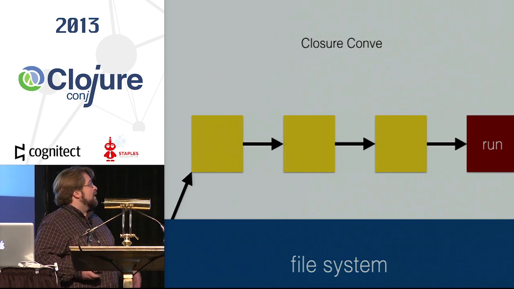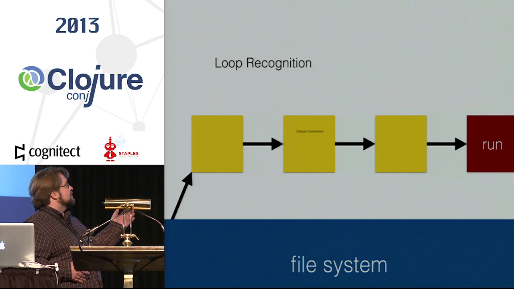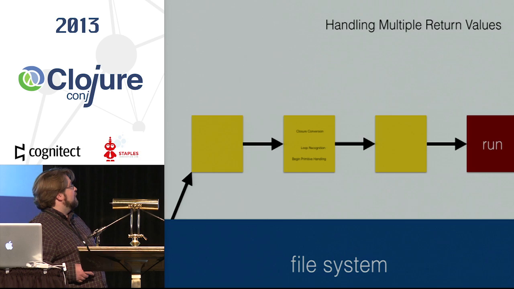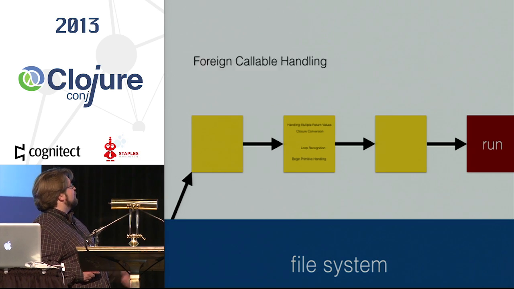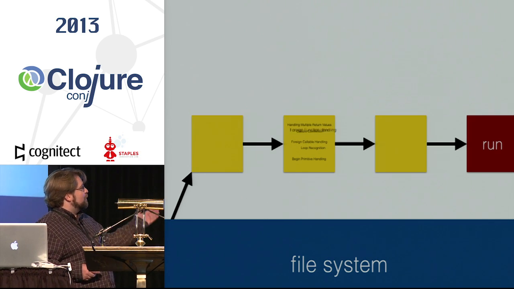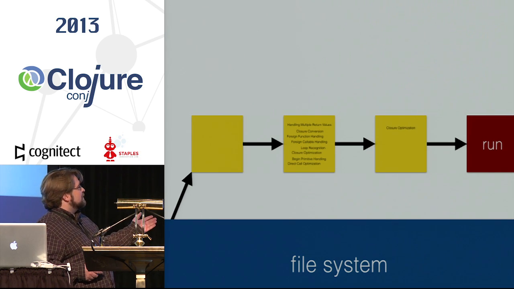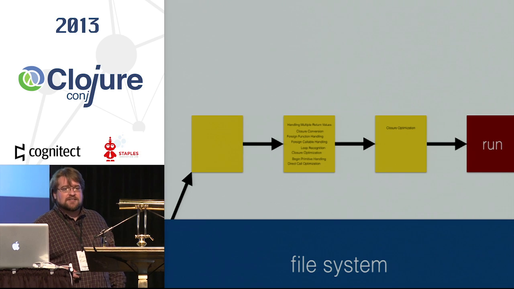To talk a little bit about the compiler that I worked on, a single pass did closure conversion, loop recognition, begin handling, multiple return values, foreign callable handling, foreign function handling, direct call optimizations, and then closure optimizations started in one pass and then continued in the next pass.